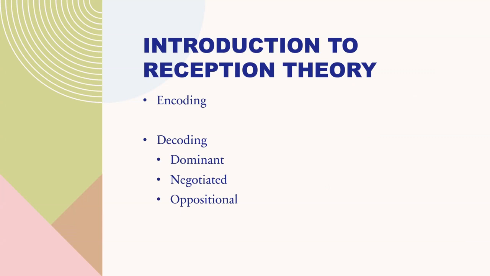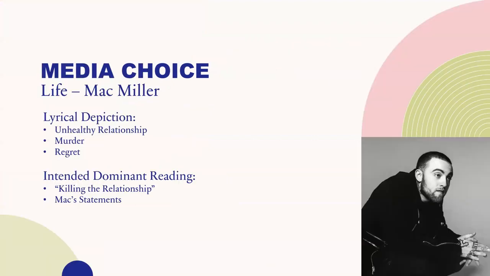The negotiated reading is when the reader understands, for the most part at least, but uses the media to fit their own beliefs a little bit more than the actual intended reading. And then there's the oppositional reading, which is when the reader doesn't follow what the author, artist, or person publishing the media was trying to convey at all. So that's just a down and dirty history of reception theory.